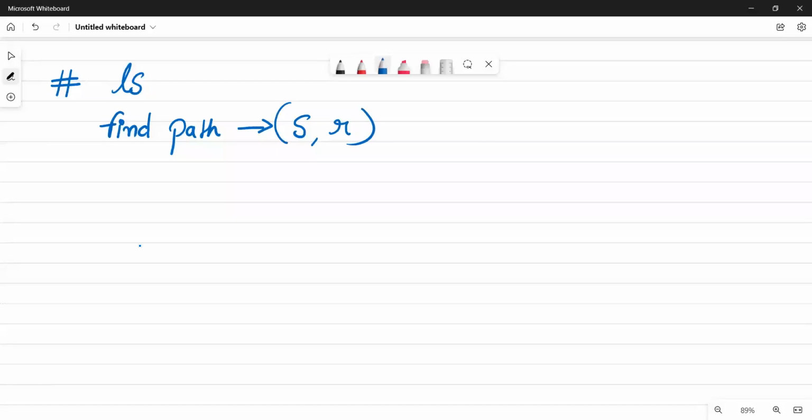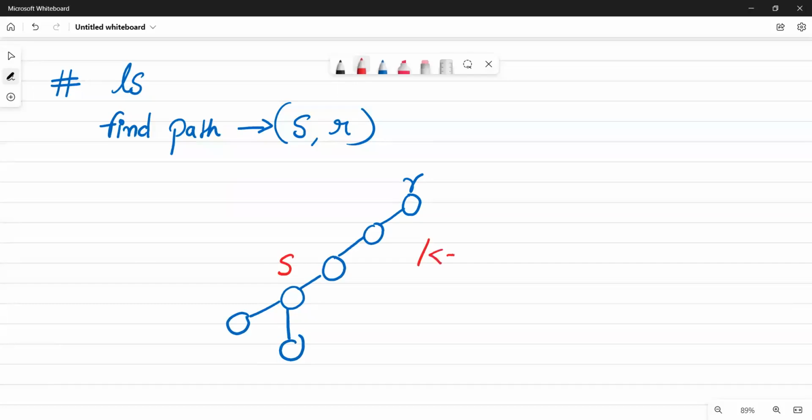Ma'am, repeat it once. Let's suppose you have the source node over here. This is your root. This is your source node. Your k is given to you as 1.